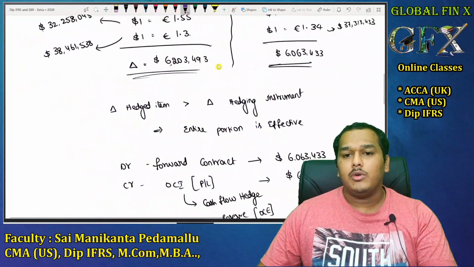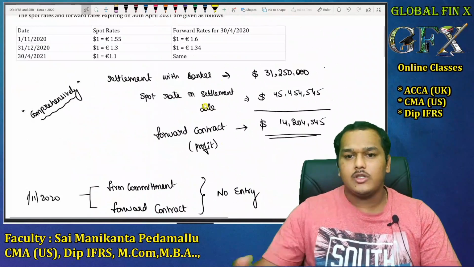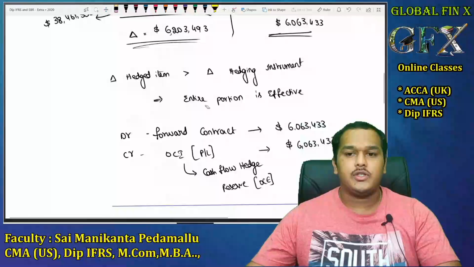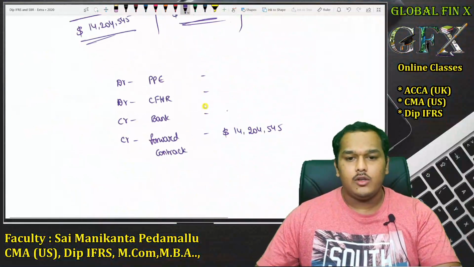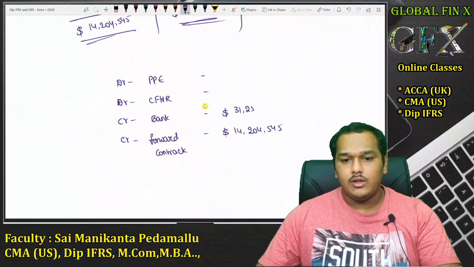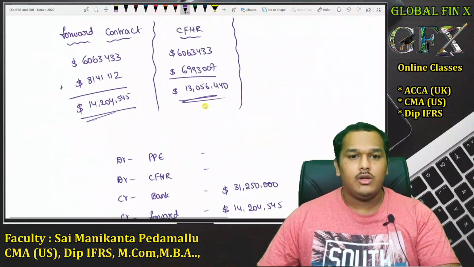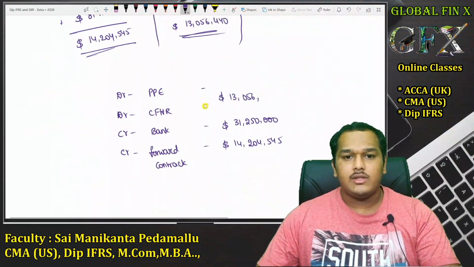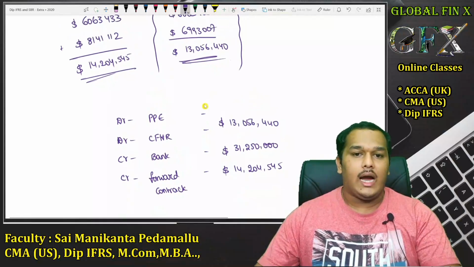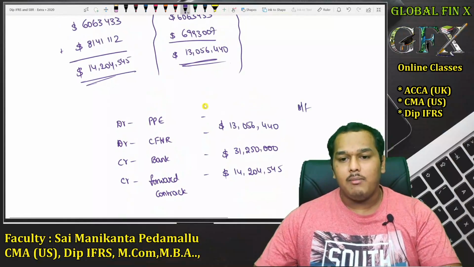We have already calculated that. I'm going with the first option, $31,250,000. Cash flow hedge reserve is $13,056,440, and the property, plant and equipment shall be the balancing figure.